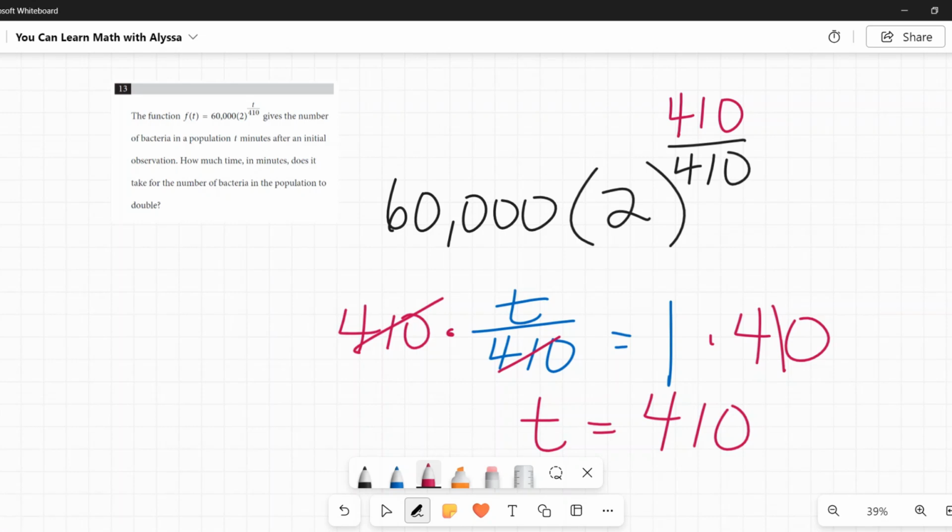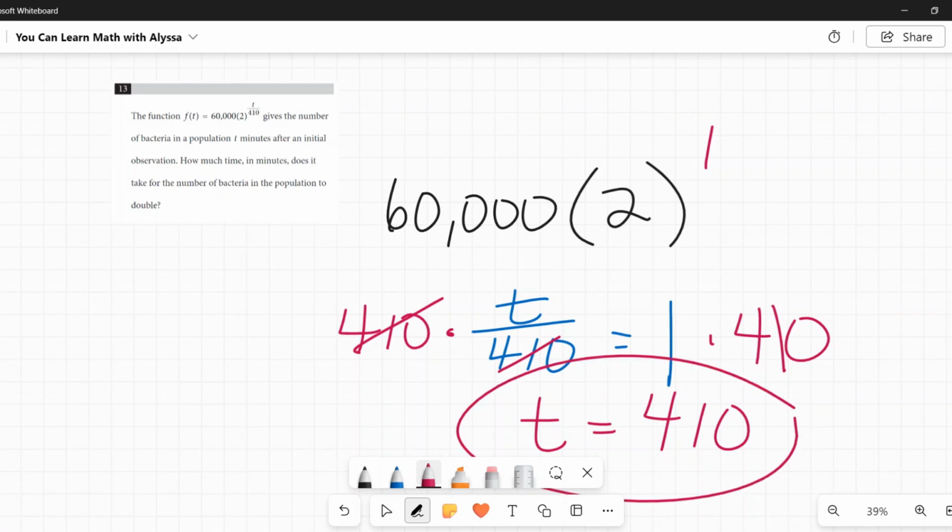So 410 divided by 410 is just 1. So 2 to the power of 1 is 2. 60,000 times 2 would be 120,000. That has doubled it. So when t is 410 minutes, the bacteria population has doubled. 410 is my answer.